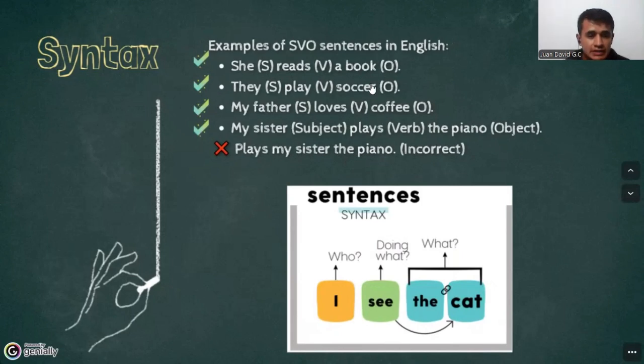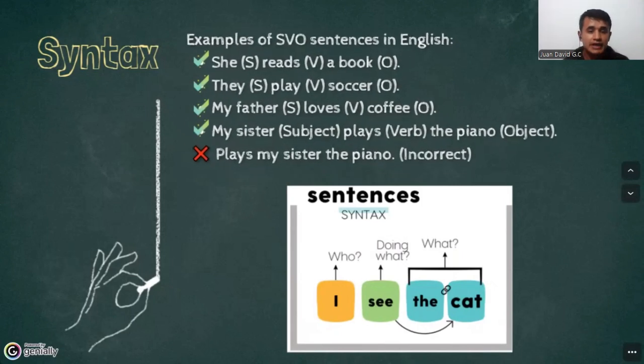Next: They, subject, play, verb, soccer, the object. And the others: my father loves coffee. My sister, the subject, plays, the verb, the piano, the object.